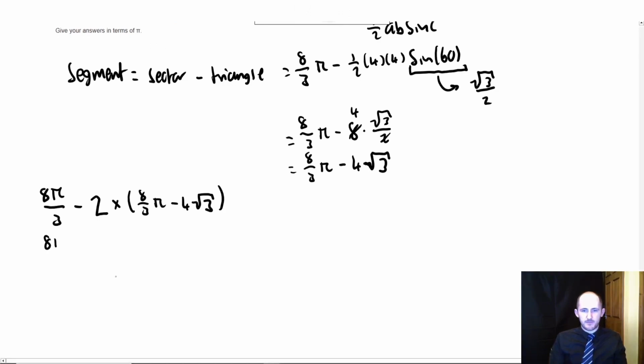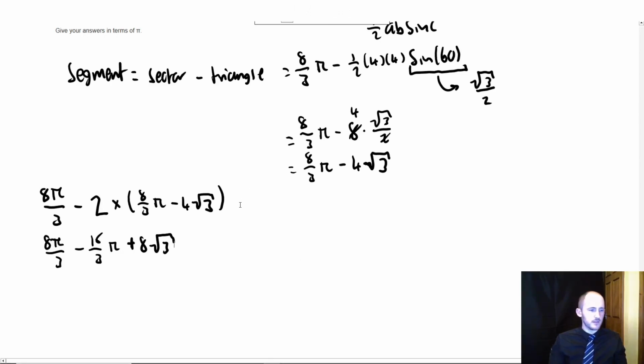And we're going to have 8 pi over 3 minus 16 over 3 pi minus 8 root 3. And that should give us our answer. Oh, sorry, it's minus 2, so I should actually make that positive. Did I make another mistake?